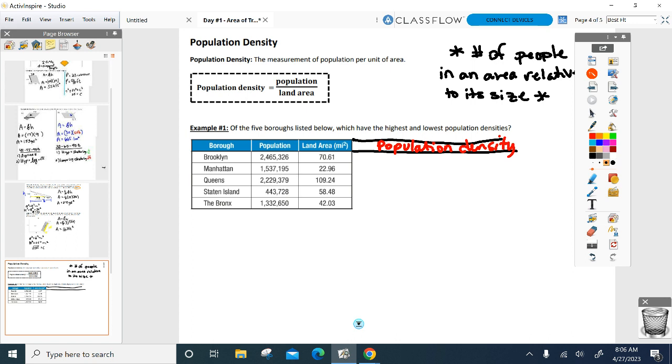And maybe we could predict just by looking at the numbers, but I actually want to calculate each density now. All right, so go ahead, go through Brooklyn through the Bronx using our formula, population over land area.